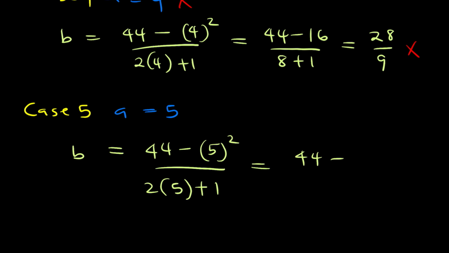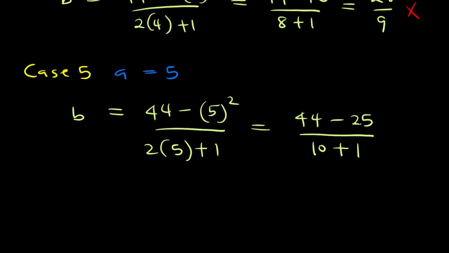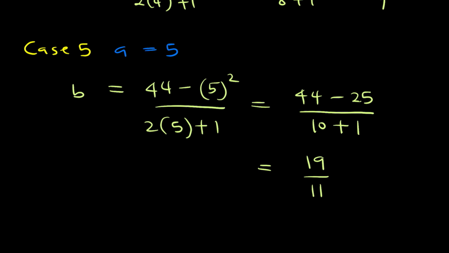This is 44 minus 25 divided by 2 times 5 is 10, 10 plus 1. So here you have 19 divided by 11. This also does not work because 11 does not divide 19 exactly, even though the result will be positive. So reject case 5 as well.